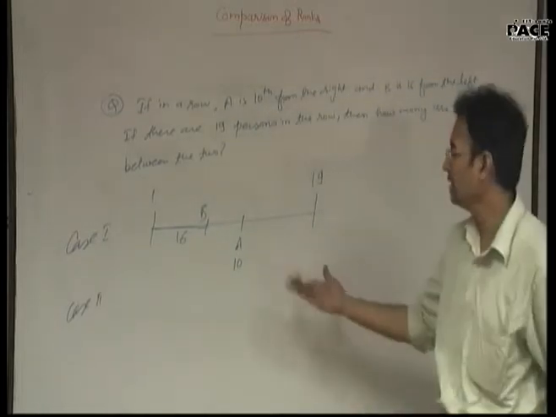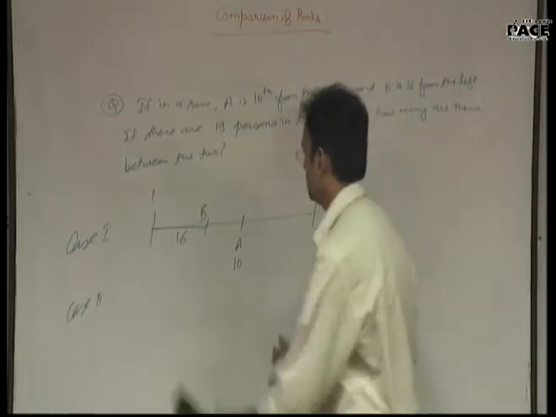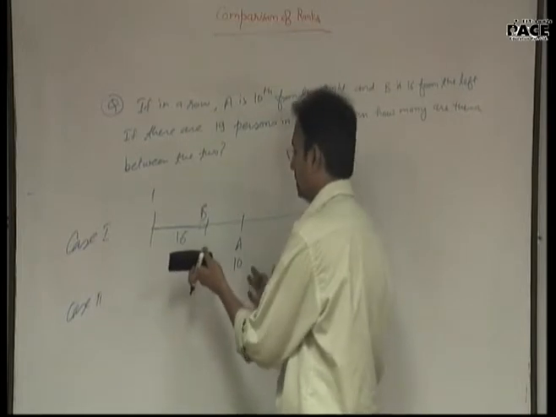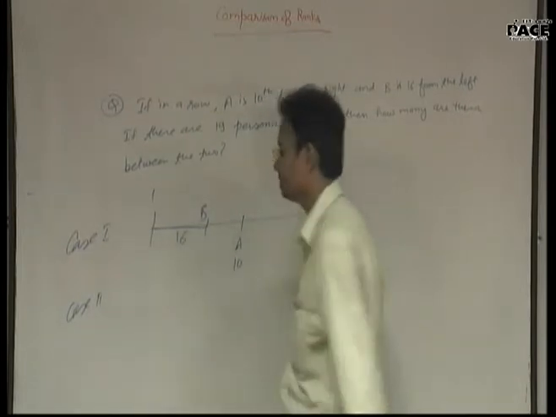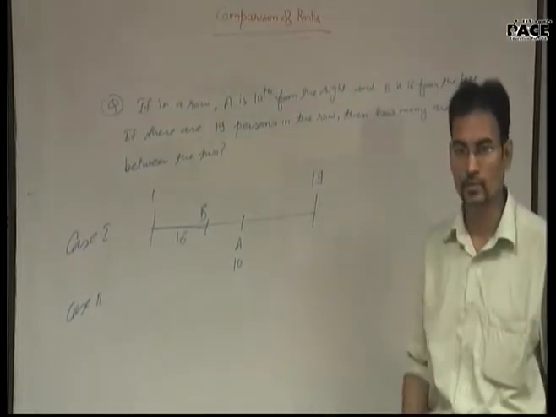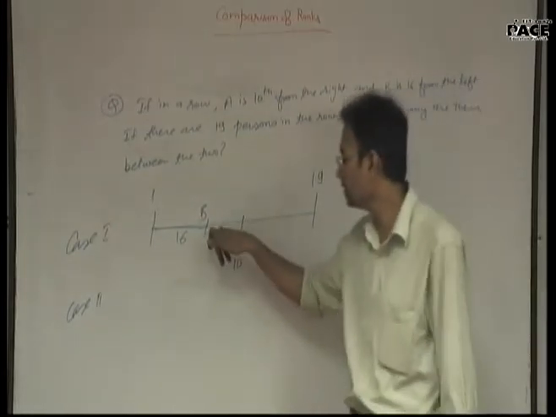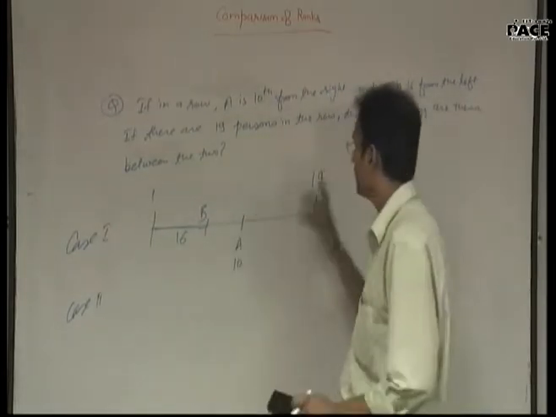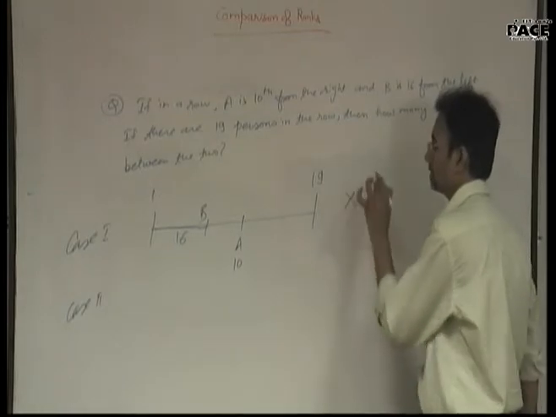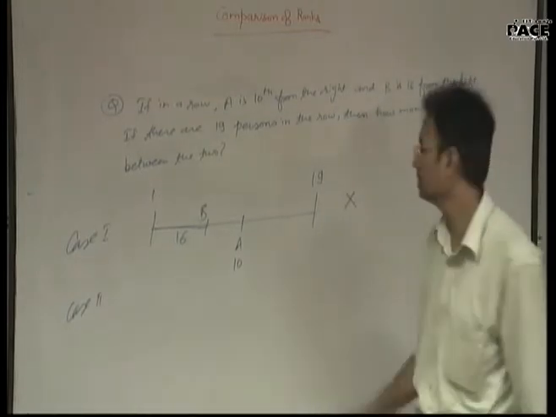Now in this case we find that if we add them, at least we need 10 plus 16, 26 people in the row, at least, if there are no one in between the two. So we have only 19, so this case is not valid.